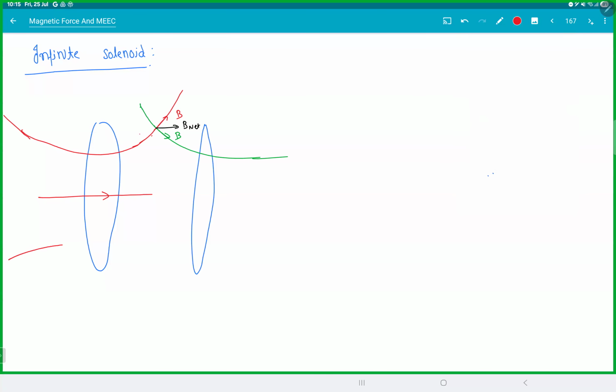But if you go too far, here the B is this way, here the B is upward. So basically the fields cancel out outside. So here the B net is 0.